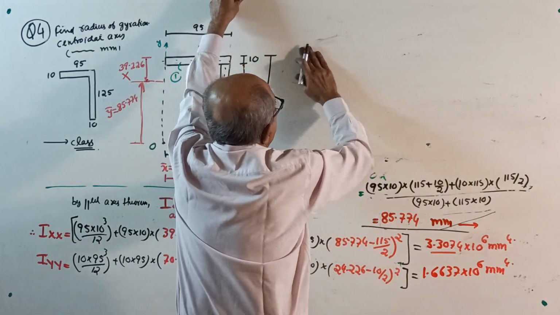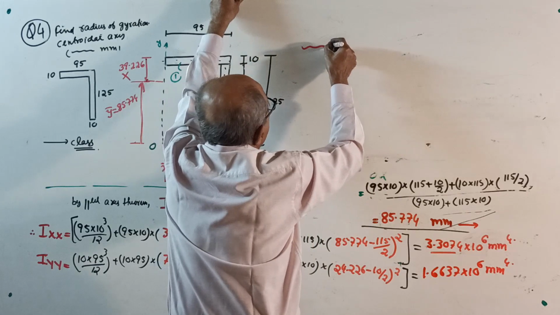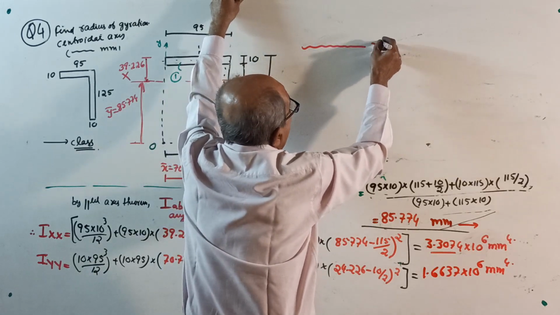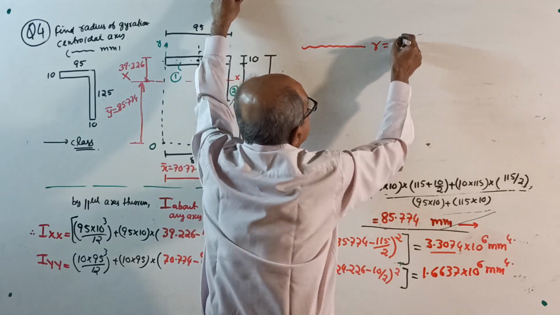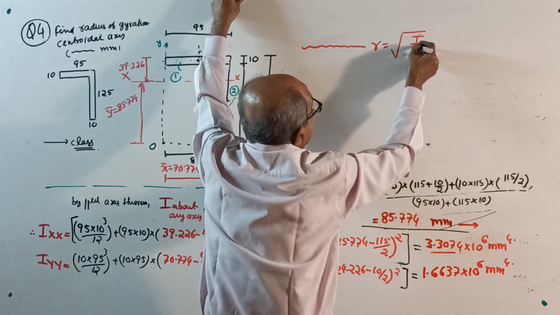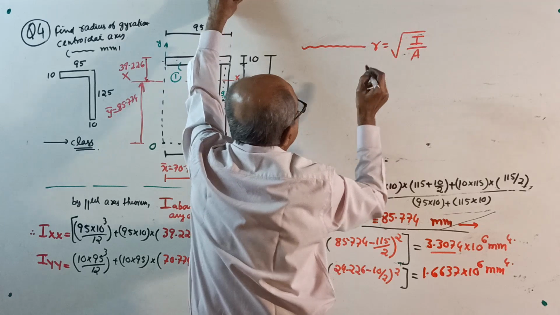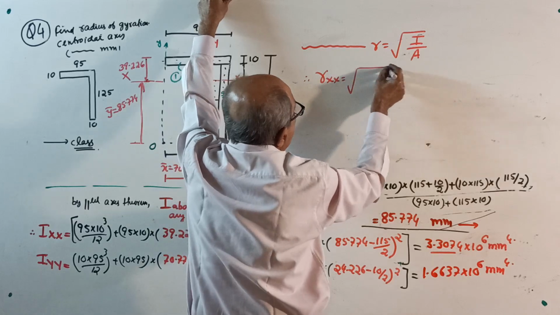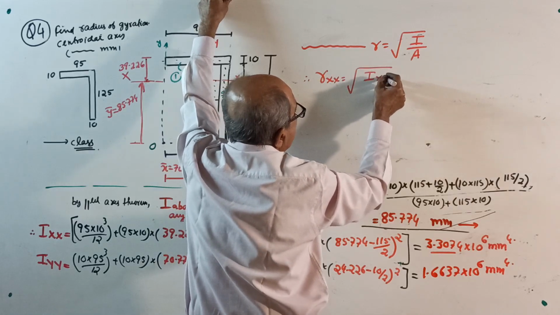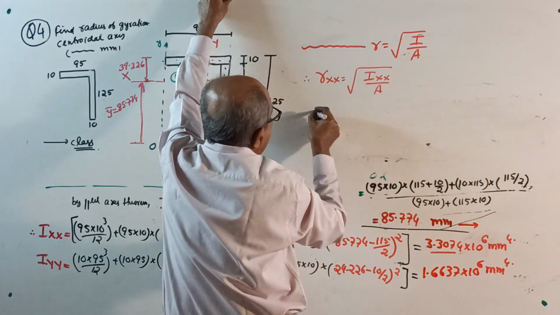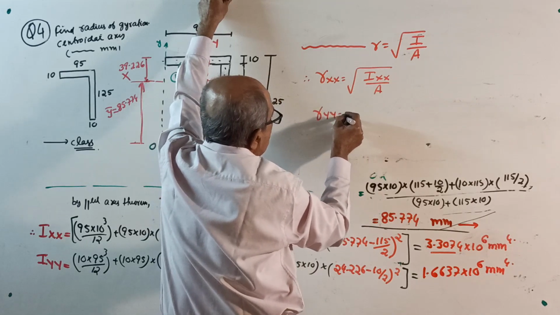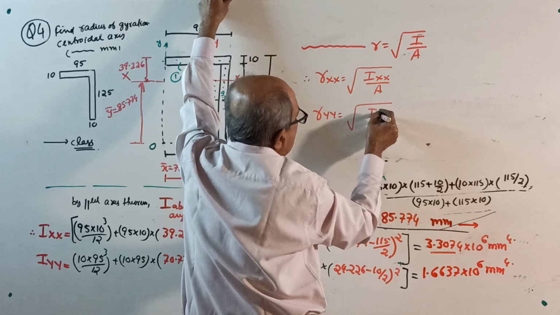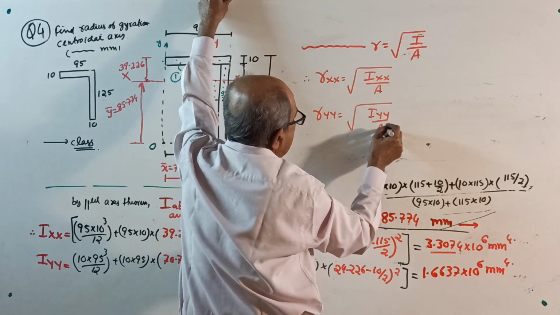Radius of gyration in general, about any axis, is root of I about that axis divided by area. Therefore, R about XX equals square root of I about XX divided by total area. R about YY equals root of I about YY divided by area.